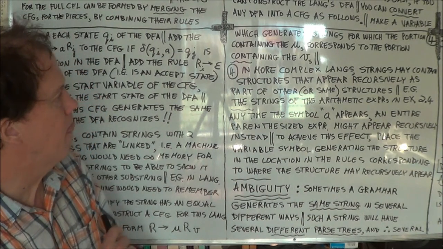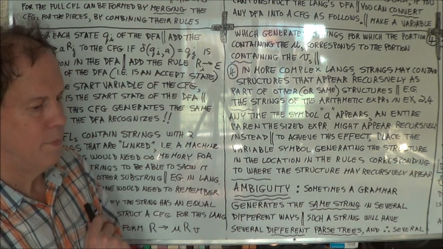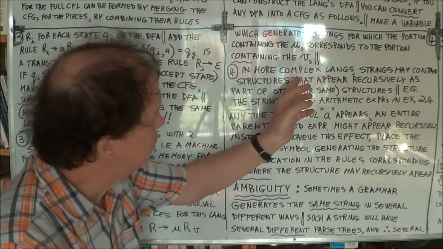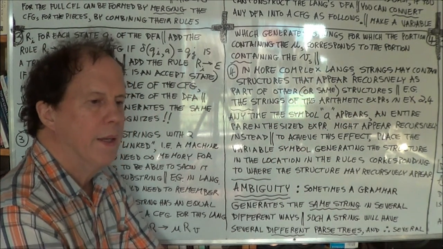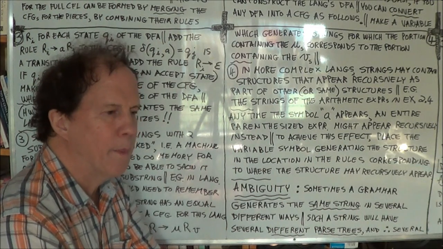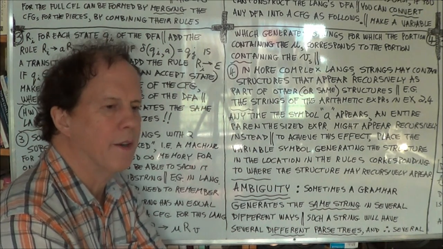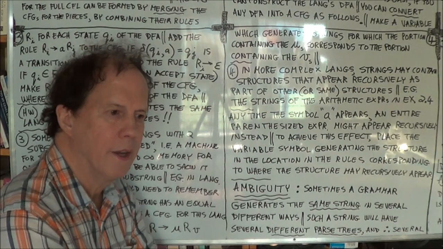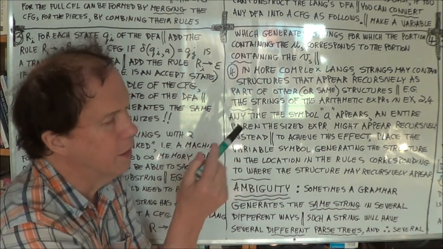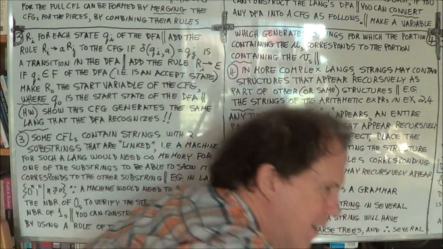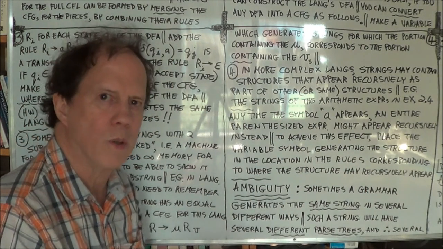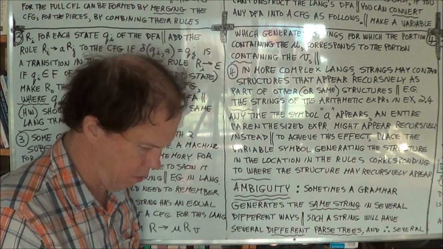So you may, in your strings, they may have certain aspects that are recursive. Well, again, I'll keep it concrete. In grammar G4, there was, let me actually get it, there was a variable called term, I think. Sorry.